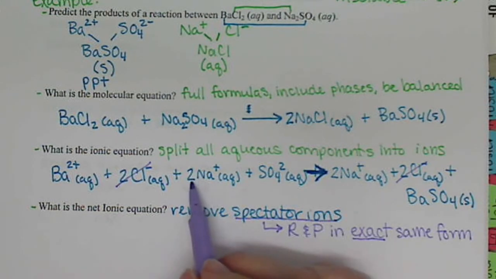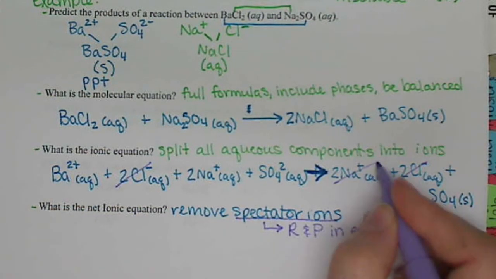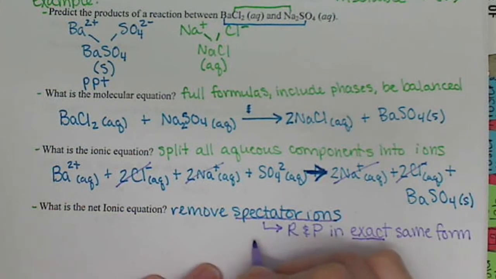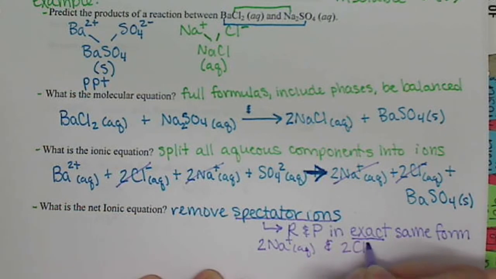Same thing for the two sodium ions that are aqueous on both sides, so these will also be removed. So our spectator ions in this example are 2 sodium ions that are aqueous and 2 chloride ions that are aqueous.